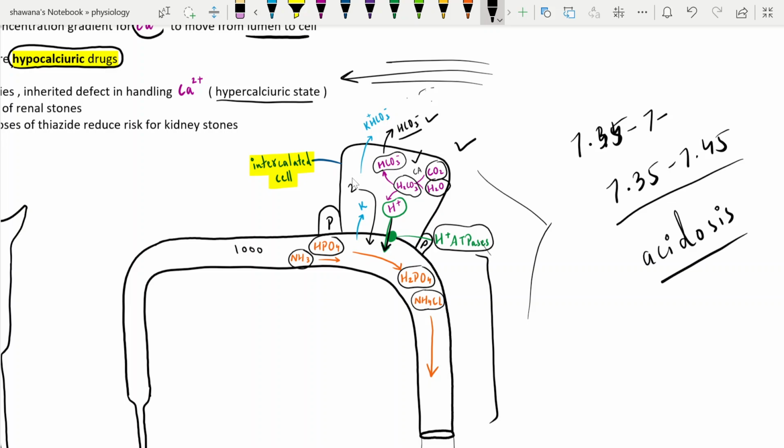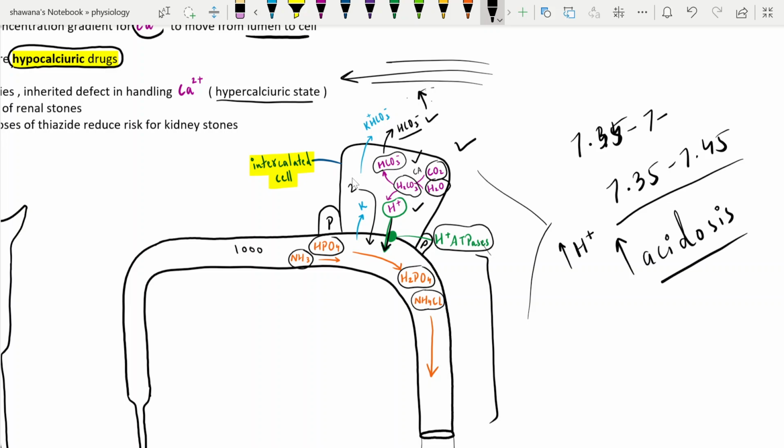So when a lot of bicarbonate is being made, what other thing will be made more? The protons, because carbonic acid is broken down equally into bicarbonate and proton. So what does it mean? It means the patient with acidosis will have a higher concentration of H positive in the urine.